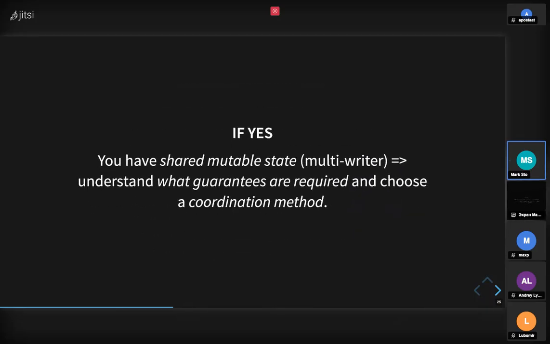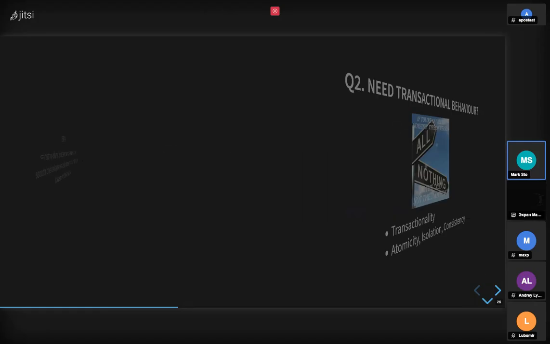But what if yes? You have shared mutable state. Congratulations. Multi-writer exists, and writes can happen concurrently without guaranteed serialization of updates. This means that next you will inevitably have to discuss what other guarantees are required for the behavior of these concurrent writes, and choose the corresponding coordination method for these writes.